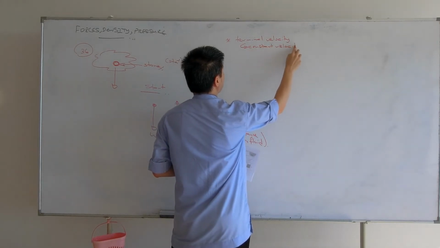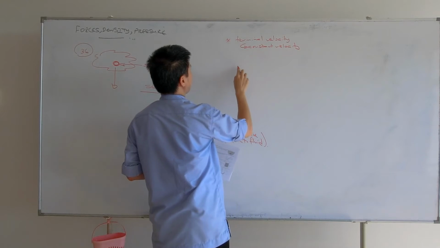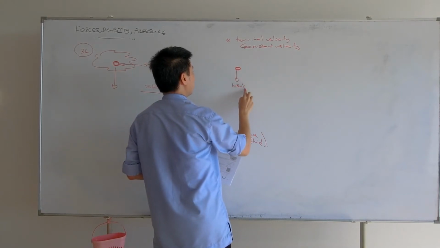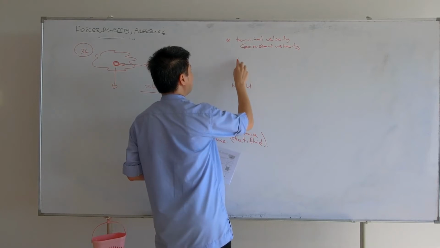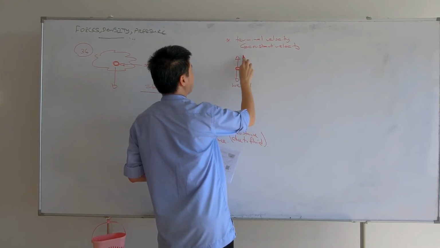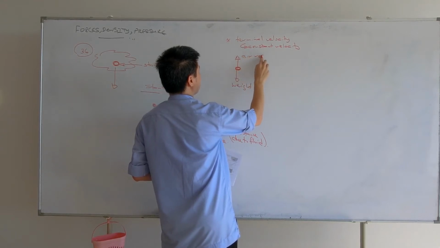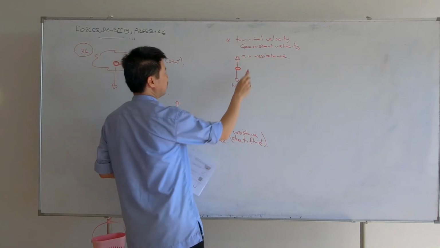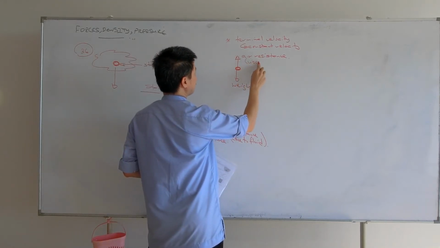In the dynamics topic, we record this as an object which has its weight being balanced by, in the previous topic, air resistance, which in this case is just the viscous force, the name for the viscous force.